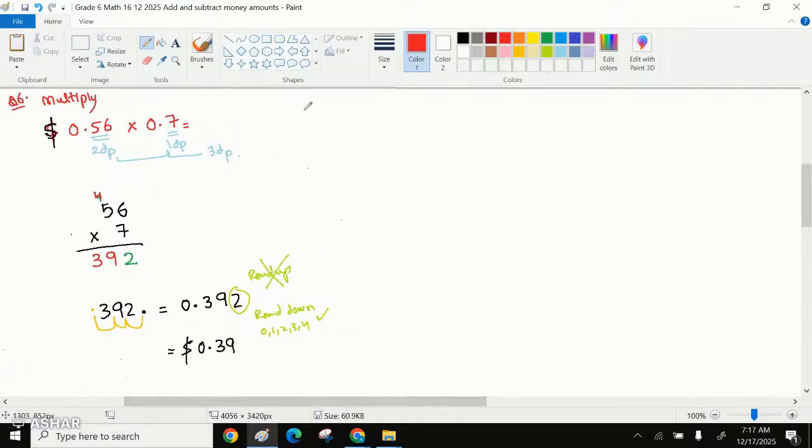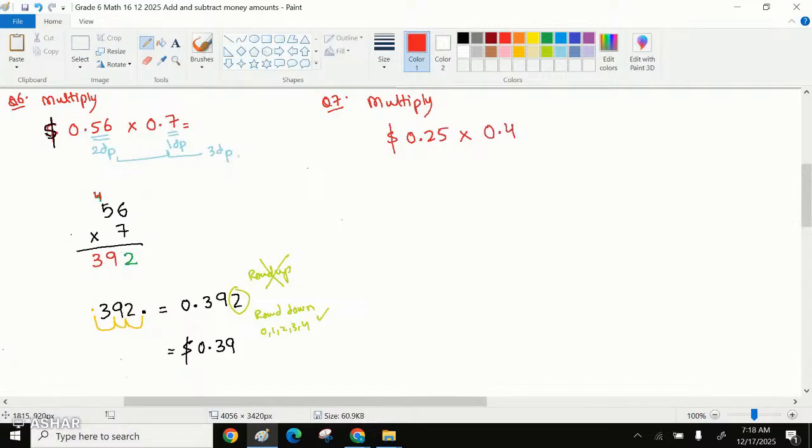Question number 7. Let's look at the next question. If the question says multiply dollars 0.25 is multiplied by 0.4.